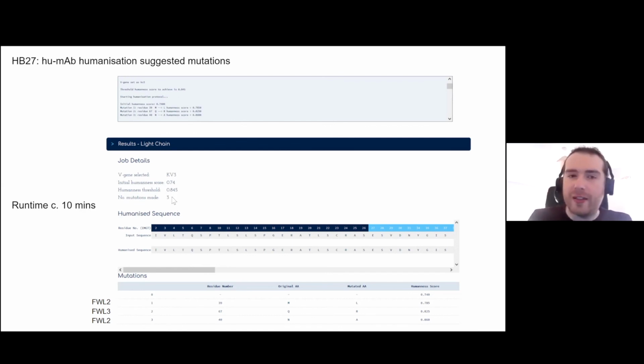And so in this case, only 3 mutations needed to be made. And you can see that each of these mutations improves on that humanist score quite significantly. And so again, thinking back now to what the sequence actually looked like, it looked like it was close to being a binder anyway.